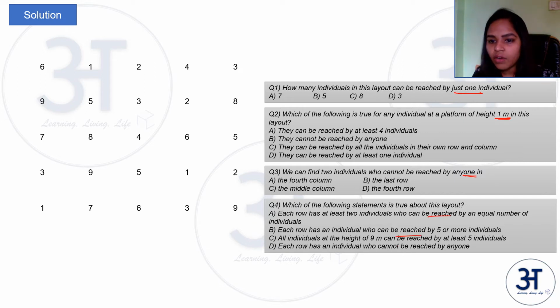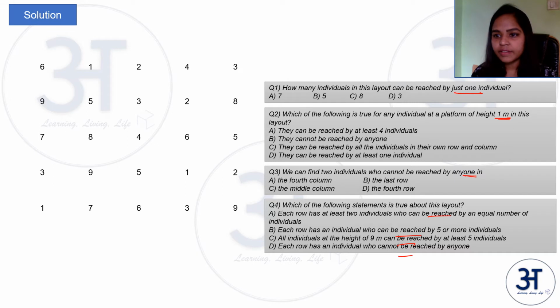So basically in all these questions, if we know for each of these individuals in each row and each column how many can reach them, we can answer all these questions, right? So let us do the task of finding how many individuals can reach each of these individuals. We need to calculate for all these 25 people.